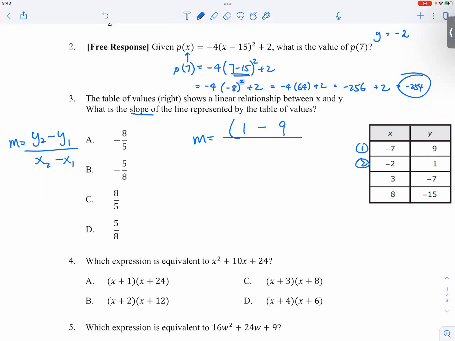Okay, 1 minus 9 at y2 minus y1, and then x2 minus x1. So this problem, what they're trying to see is do you know how to find out slope? And do you know how to handle subtraction of negative numbers? What's -2 minus -7?